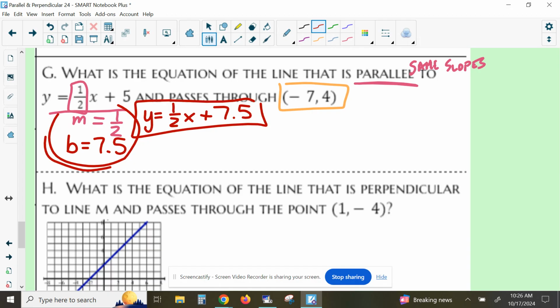After you write it, if you want to check it, put in your 2 equations. Put in this equation, put in this equation, and see if it actually goes through that point. And that's how you would check to see if you're good.